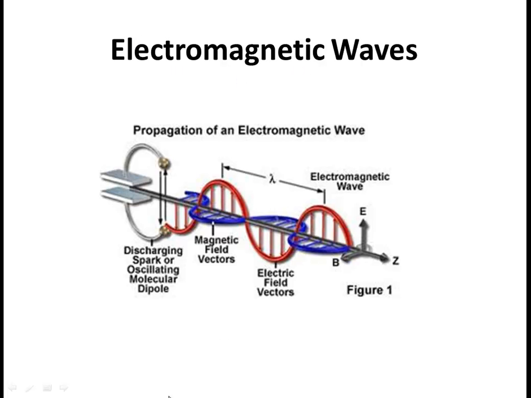And here's one picture that I just pulled off of the web, which I think very nicely exemplifies the shape and the structure of an electromagnetic wave. So what they're showing you is the two components. In red, this is the electric field component of an electromagnetic wave, and the blue is the magnetic field.